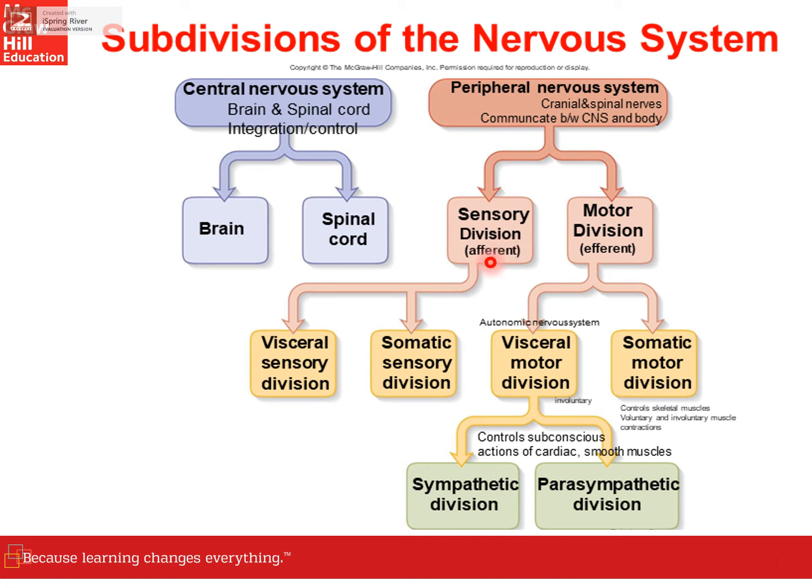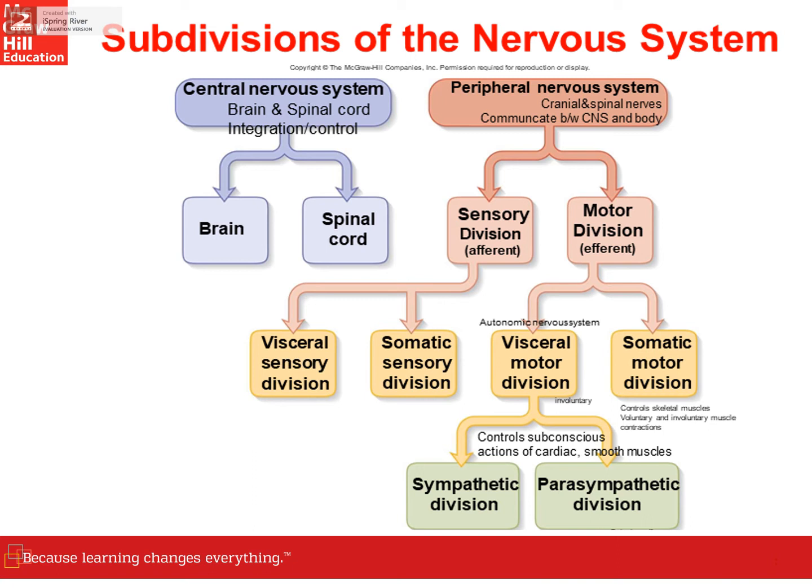The afferent division are the neurons that carry sensory information and impulses towards the central nervous system, whereas the efferent division are the neurons, specifically the motor neurons, that carry impulses away from the central nervous system. And the sensory division can further be divided into the visceral sensory division and the somatic sensory division.